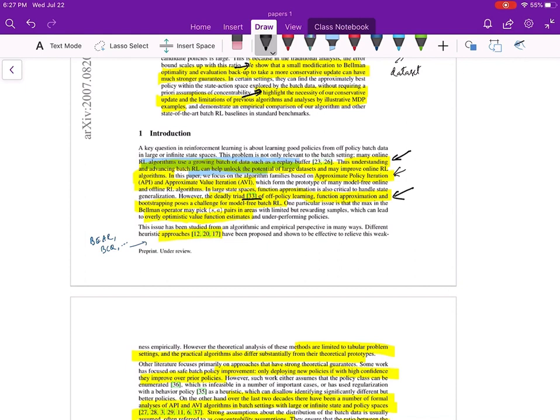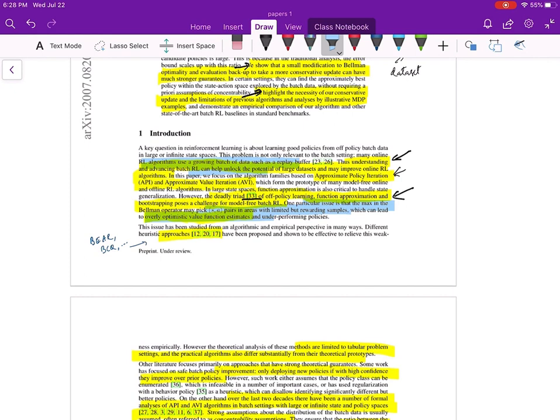They mention one particular issue is that the max in the Bellman operator may pick state action pairs in areas with limited but rewarding samples, which can lead to overly optimistic value function estimates and poor performance policies. So this is the overestimation problem.